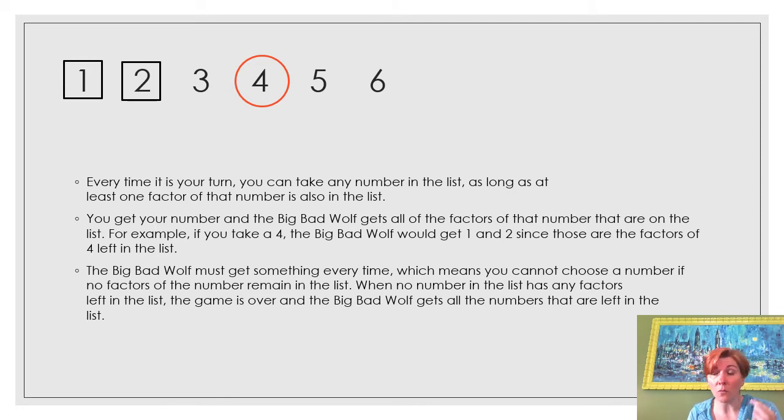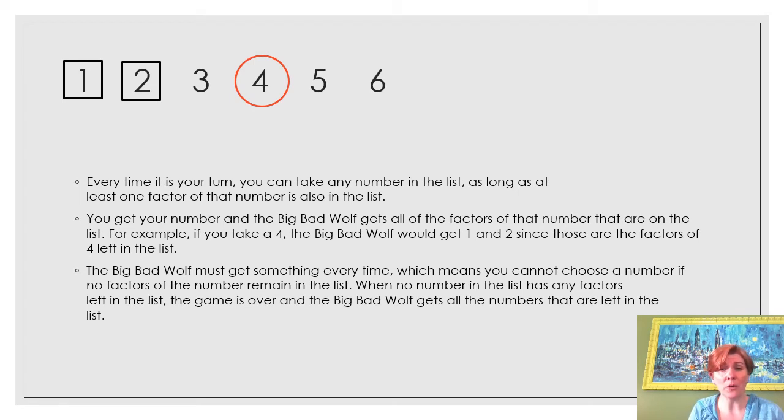So right now, with the current situation, I could not pick 5 because the only factor for 5 that's on there is 1, and it's already been given away. So I would not be able to pick 5 as my number.